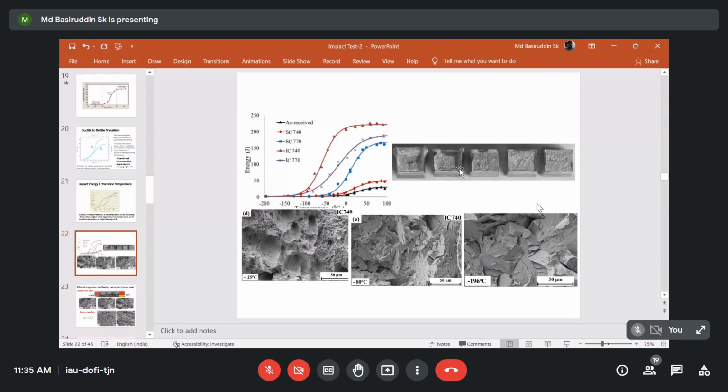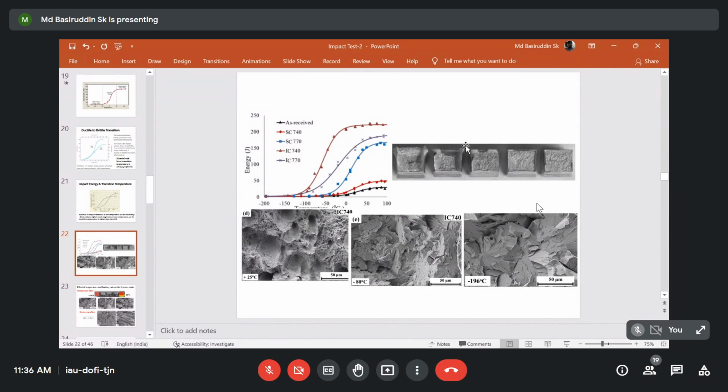Okay, so whatever propagation energy we showed in the load versus displacement curve comes from this particular shear lip zone. That means when the fracture reaches the boundary of this zone, the remaining part will fracture by this shear deformation mode.